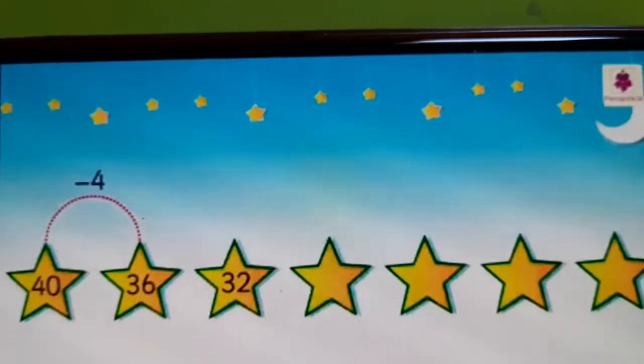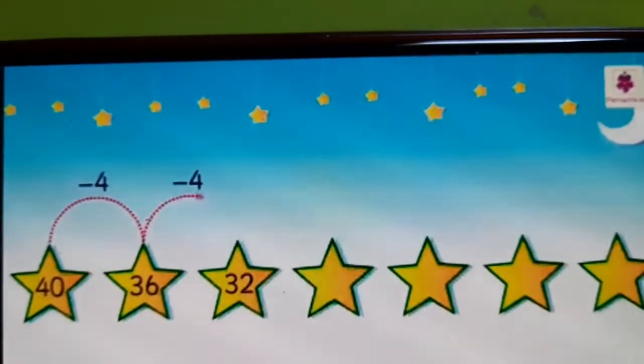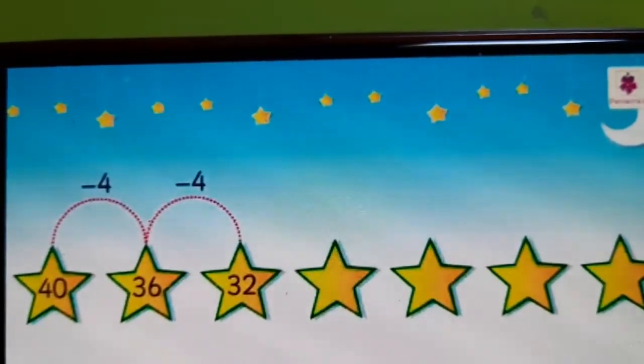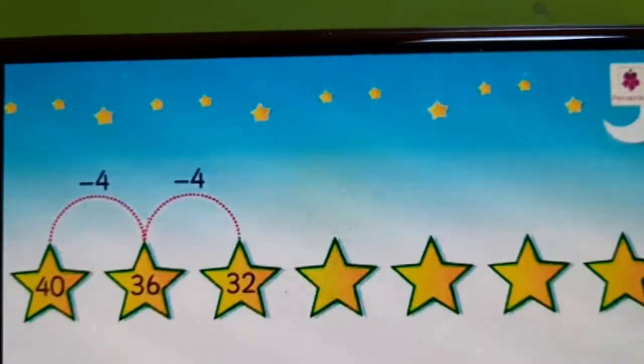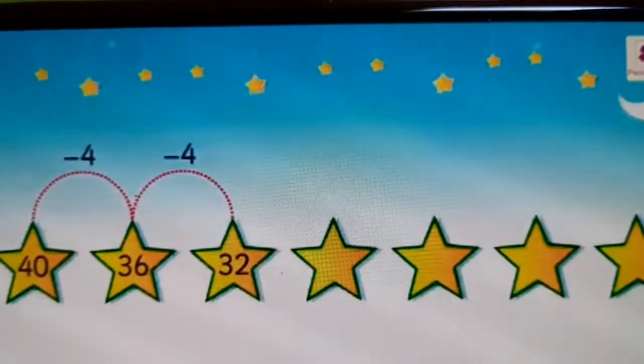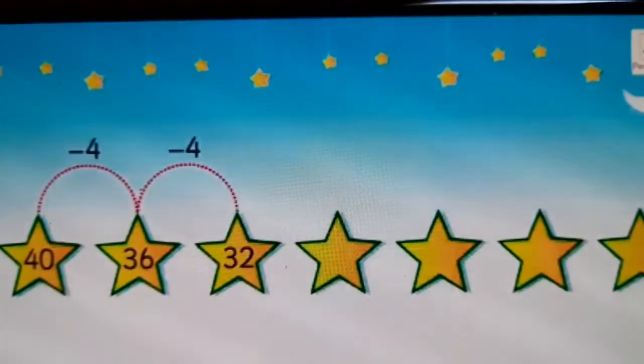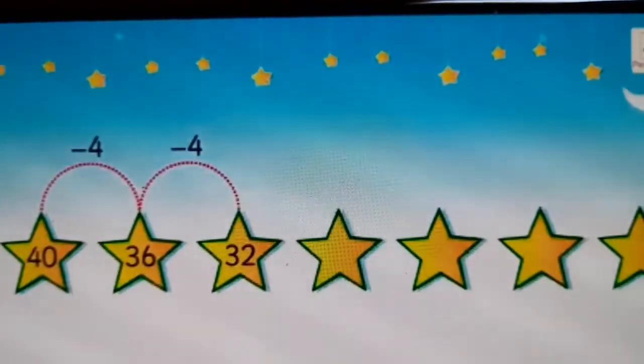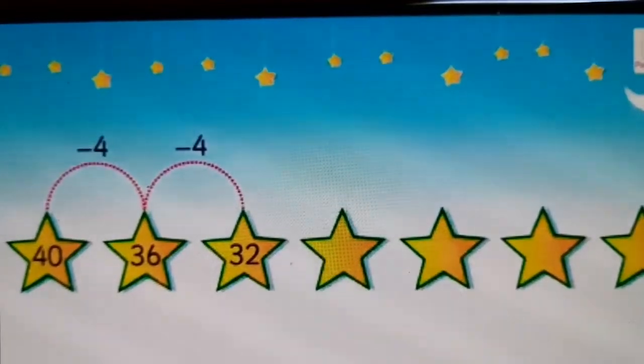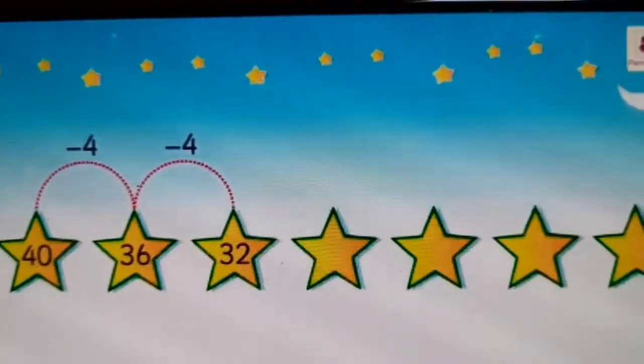Now, again on subtracting 4 from 36, we get the next number, that is 32. We see that in each step, the numbers are reducing by 4. Hence, by using this number pattern, we can find the next 4 numbers.